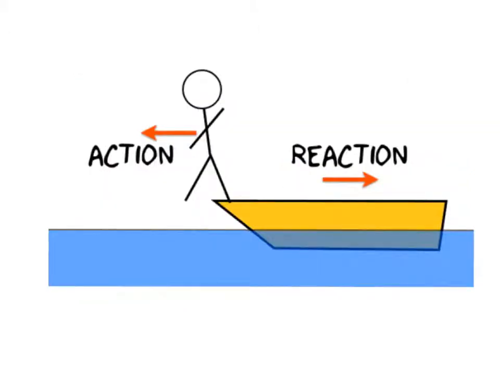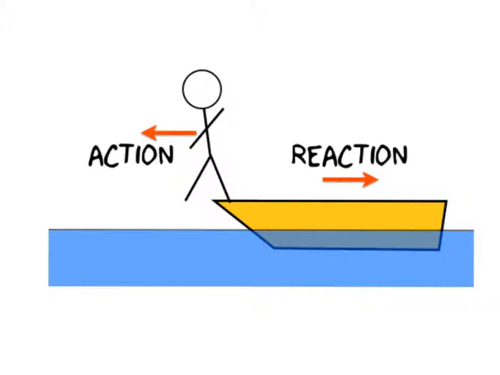Here we have a situation you've probably thought about before, maybe not. We have this as the action. The action is the person stepping off the boat. This person's foot is pushing against the boat, that direction. Which force is greater: the force of the foot pushing against the boat, or the force of the boat pushing against the foot?